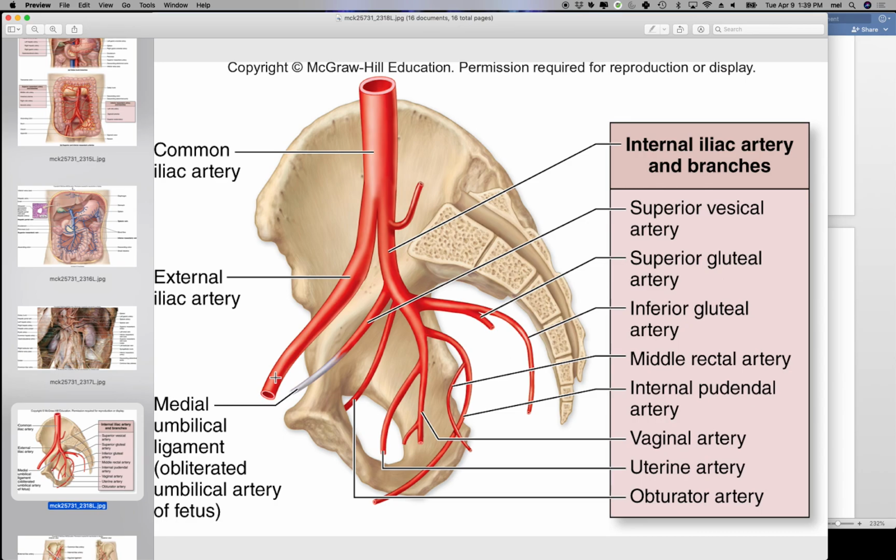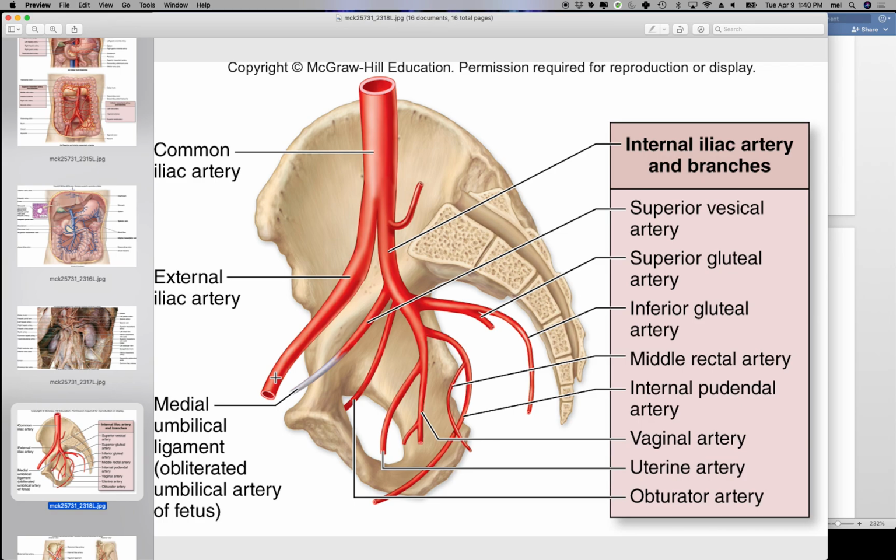And the internal iliac, you don't have to know all of those branches, but look what it's doing. It is middle rectal, the pudendal, that's your junk, the vaginal uterine, the obturator, the gluteal. Do you see? So it's primarily going pelvic cavity, and medial, and also a little back here. Is that good? Okay. So that's what the internal one's doing.